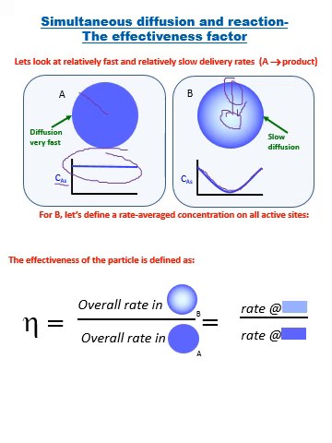So we are going to compensate for that, or adjust my resistance to the intrinsic reaction rate, by saying I've got a factor that I want to calculate.